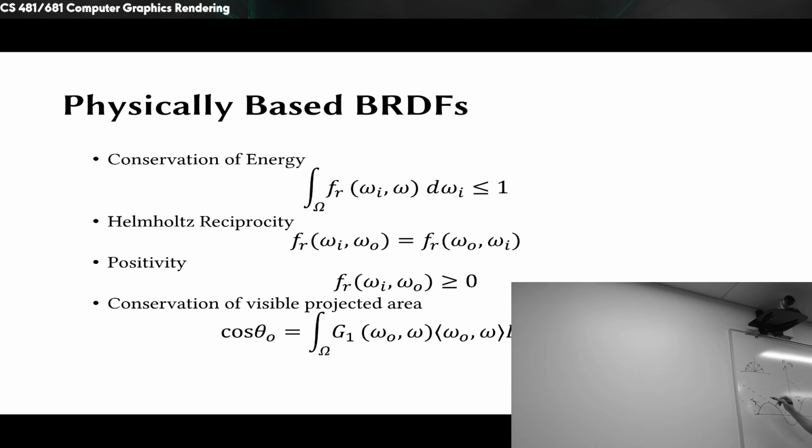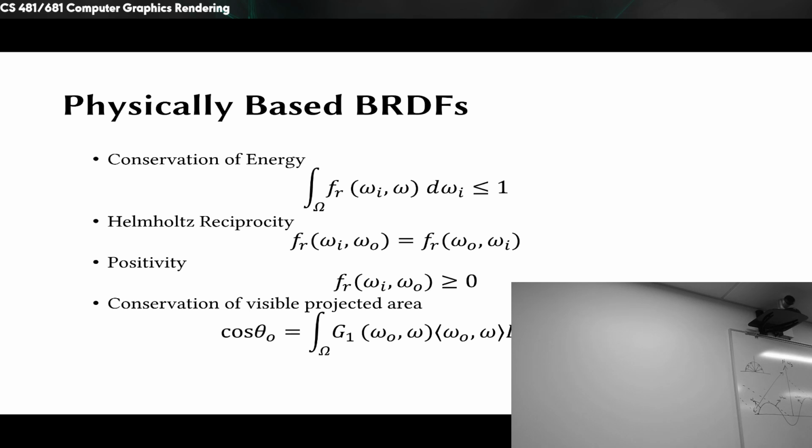Essentially, let's say this represents an even area. This over here has to be equal to the cosine of this surface. Okay, because technically this has more area, but we're interested in the projected area.